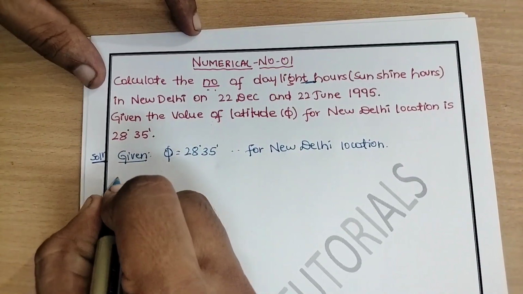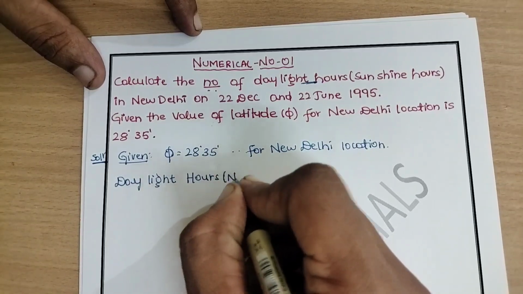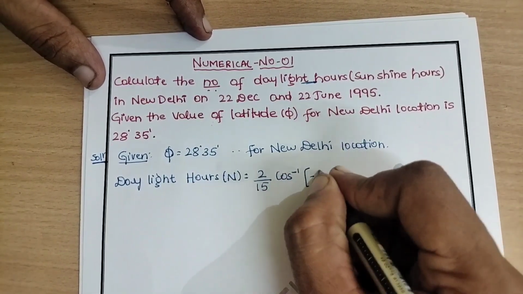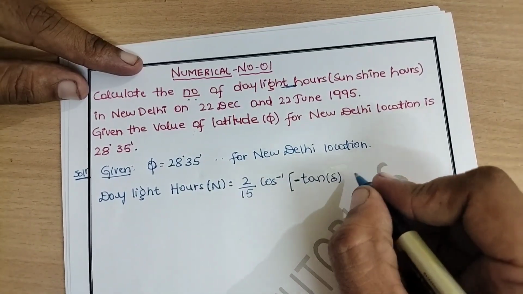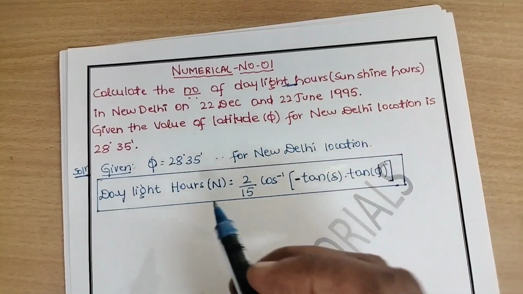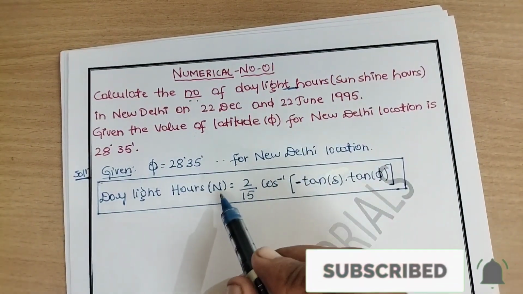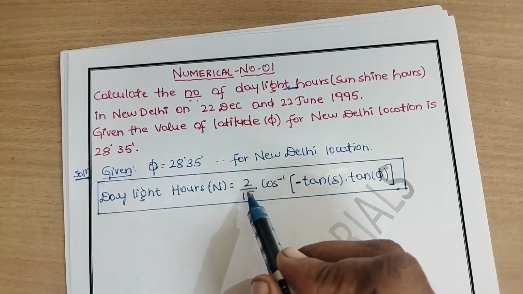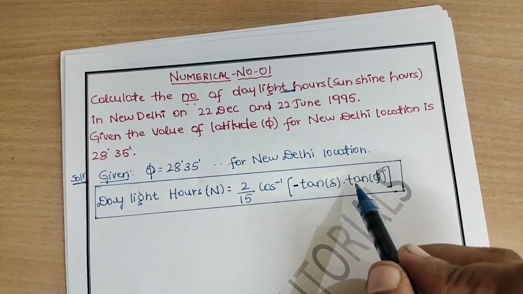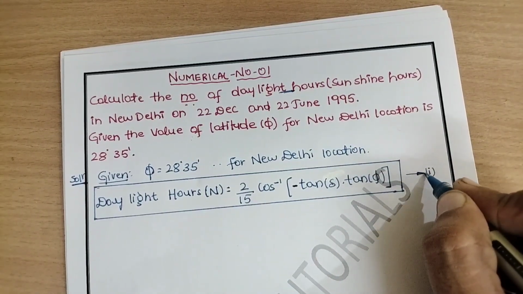So daylight hours is given by this equation to find the number of sunshine hour or daylight hour. It is given as n is equal to 2 over 15 cos inverse of minus of tan delta into tan phi. So for time being, I will call this equation number 1.